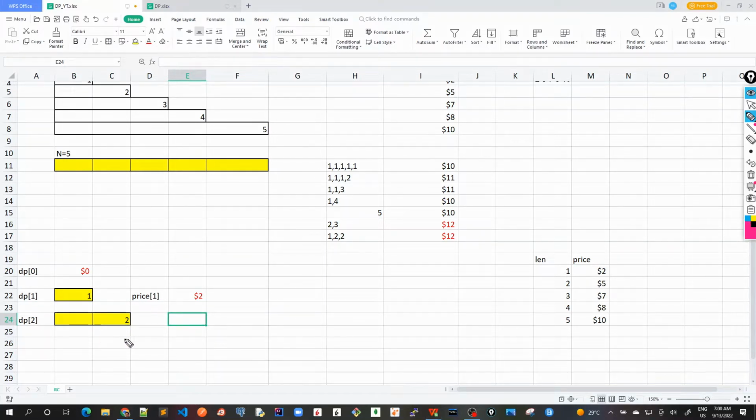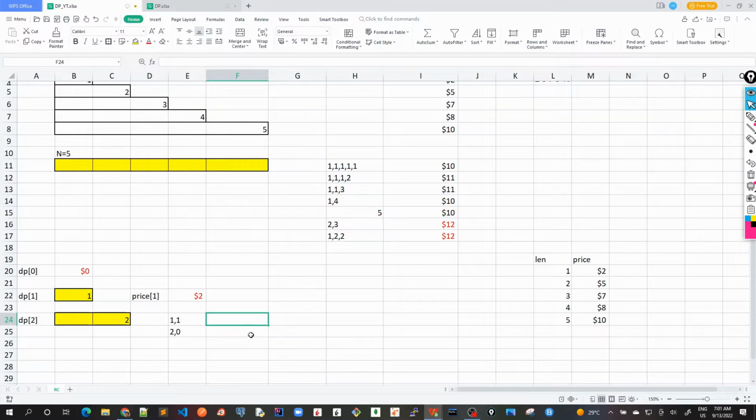Now we can cut this rod of length 2 in two possible combinations, right? We can either cut it like 1 and 1, or we can keep it all together as 2 completely. So one combination is 1 1 and the other is 2 0, which is just taking the whole rod together.